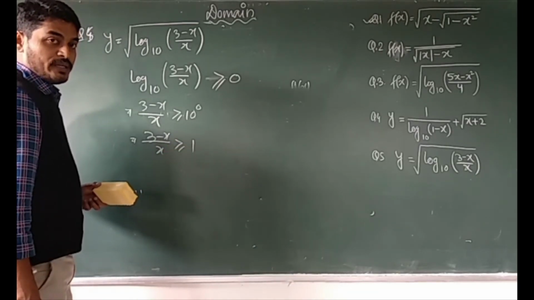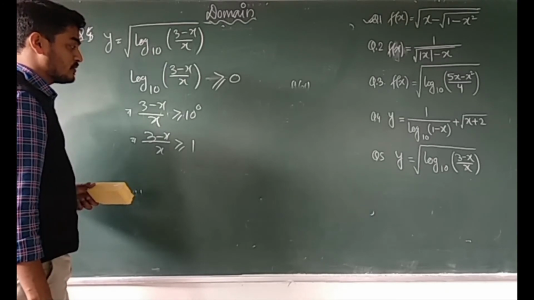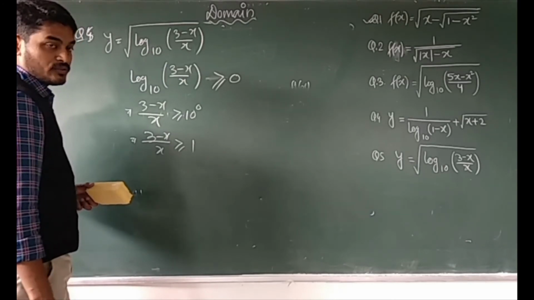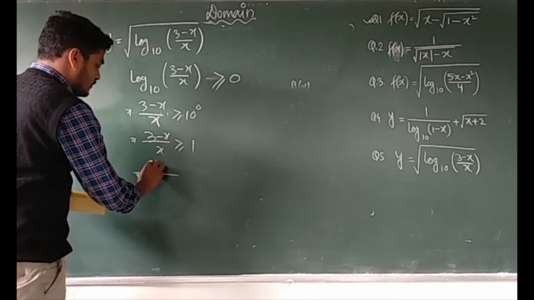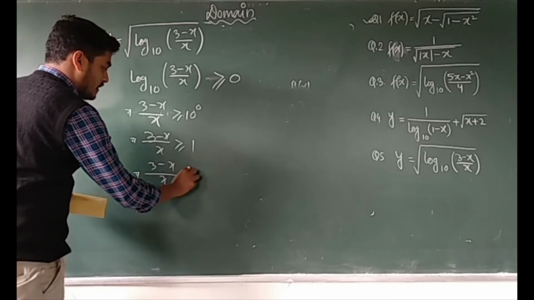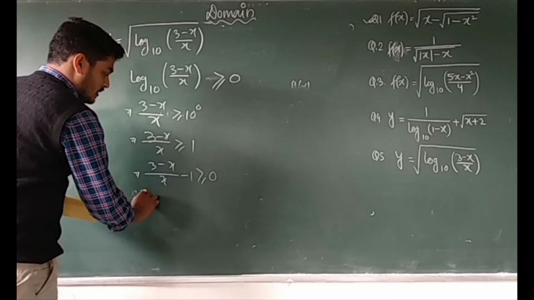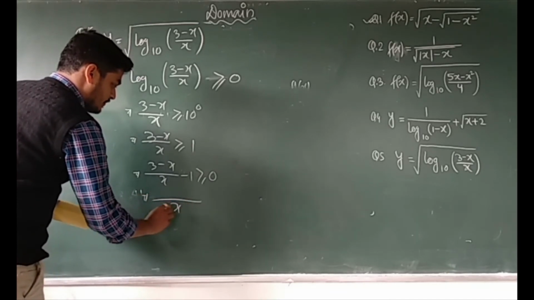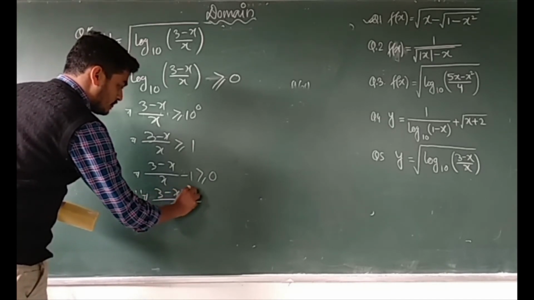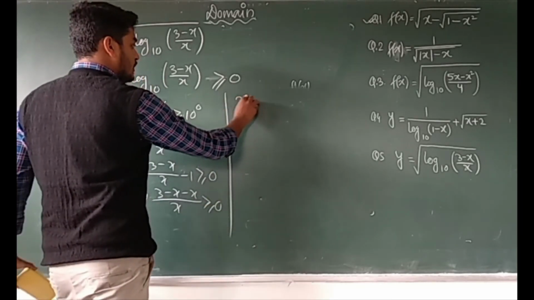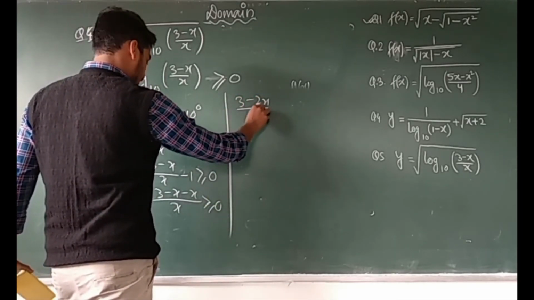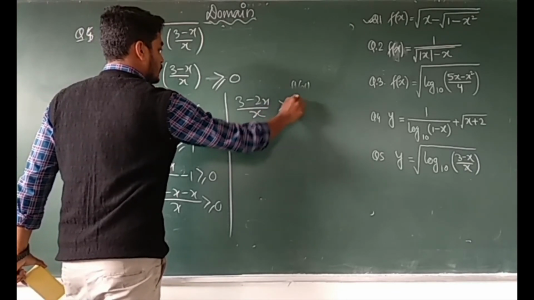Okay, in this way we can easily simplify: (3 minus x) by x minus 1 greater than or equal to 0, or you can say (3 minus x minus x) by x greater than or equal to 0. This implies (3 minus twice x) by x greater than or equal to 0.